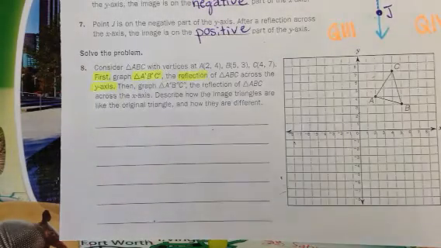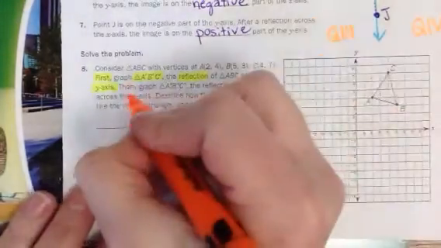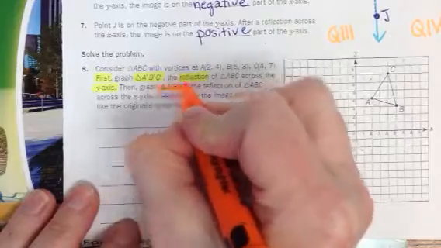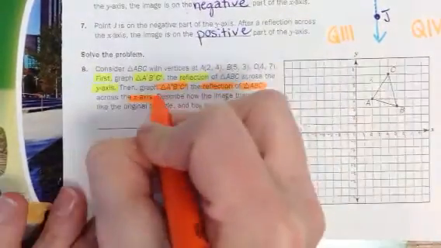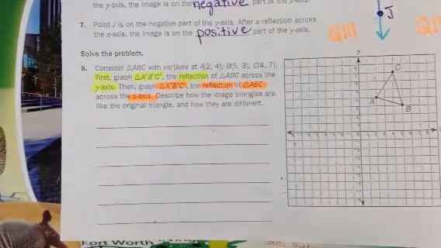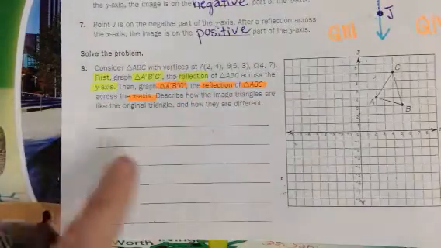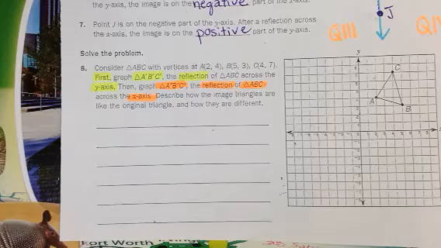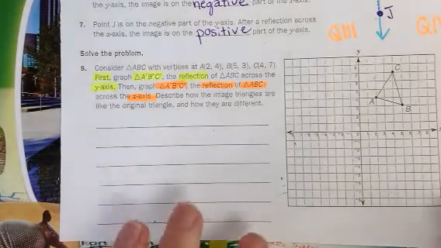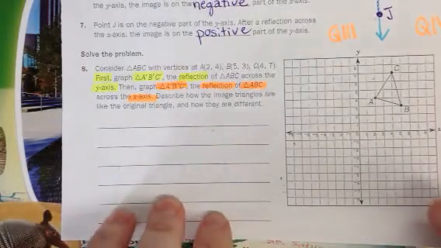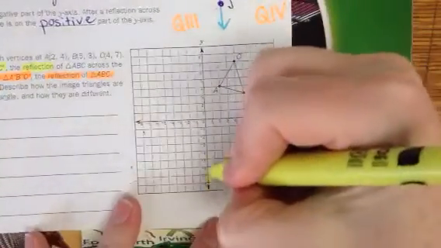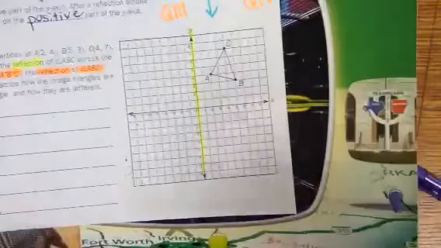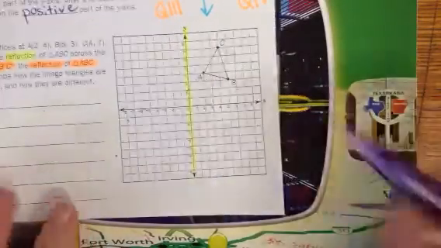Describe how the image triangles are like the original triangle and how they are different. Okay. So they said first triangle A'B'C' is going across the y-axis. I'm going to flip that original over the vertical axis.